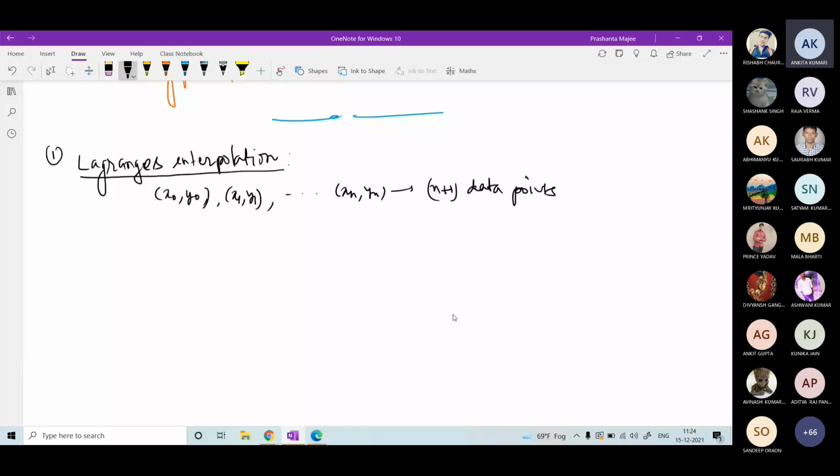So the trick is how you consider the initial construction of the polynomial.